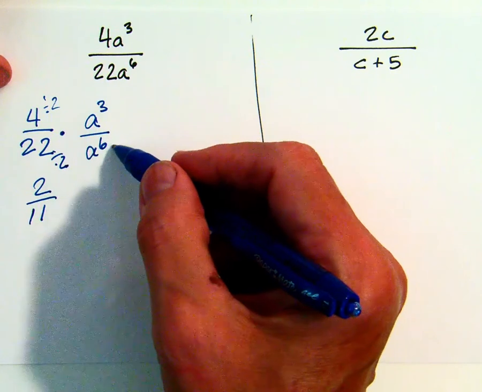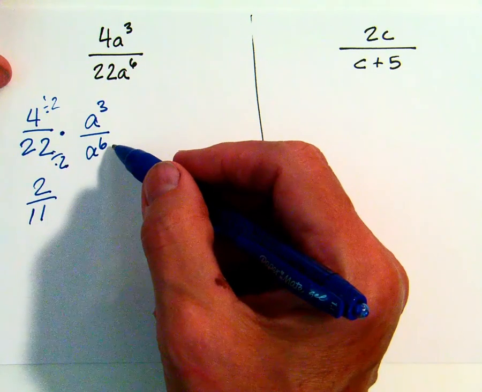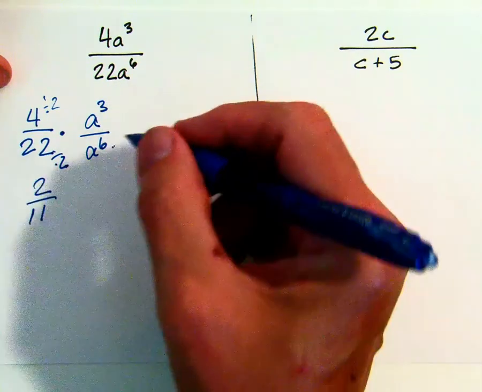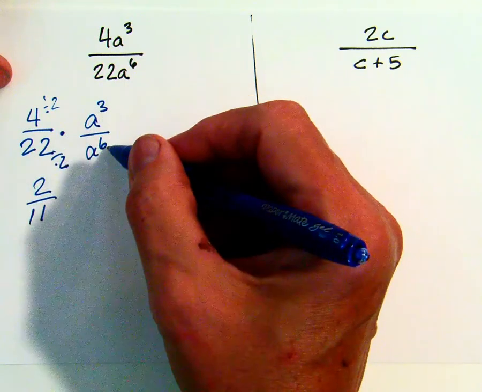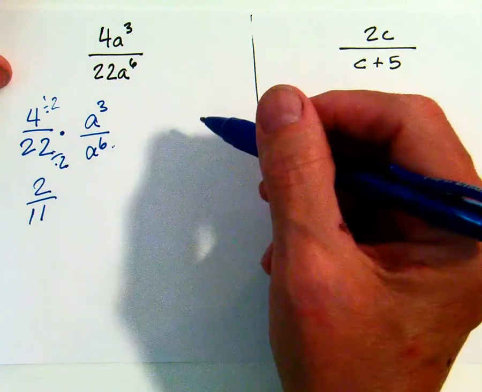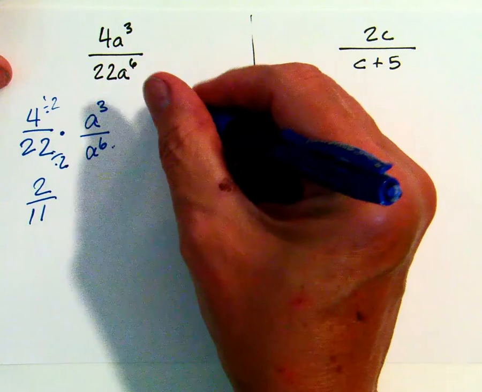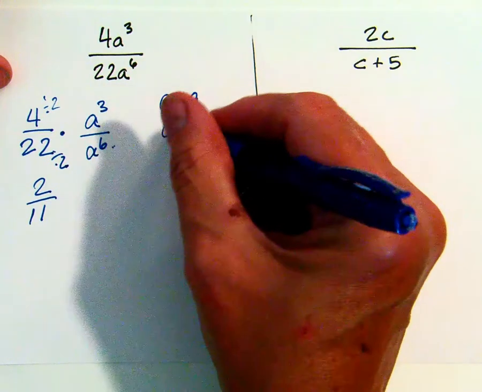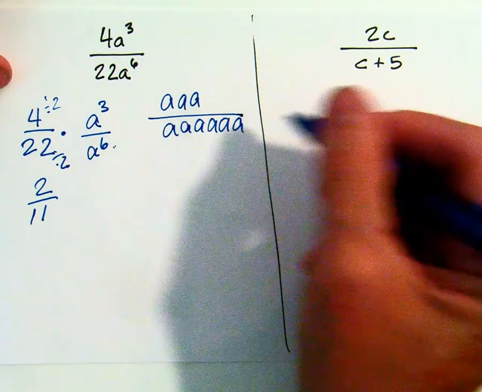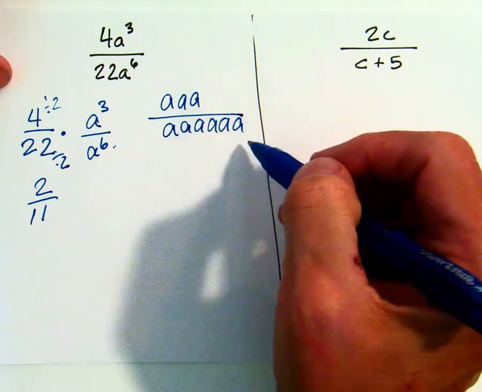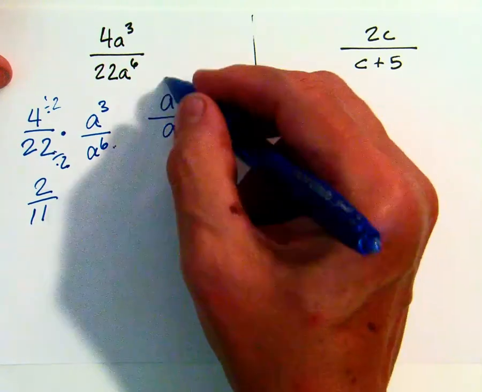In here, remember our exponent shortcuts. If you don't remember your exponent shortcut, that's going to be 3 minus 6, which is negative 3, which is a to the 3 on the bottom. Remember that? If you don't remember it, it's a shortcut. Write out the long one. There's a cubed. There's a to the 6th, because I wrote 6 of them, and a cubed because I wrote 3 of them.